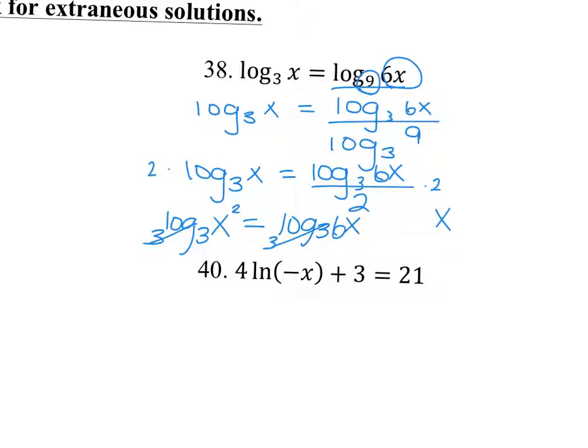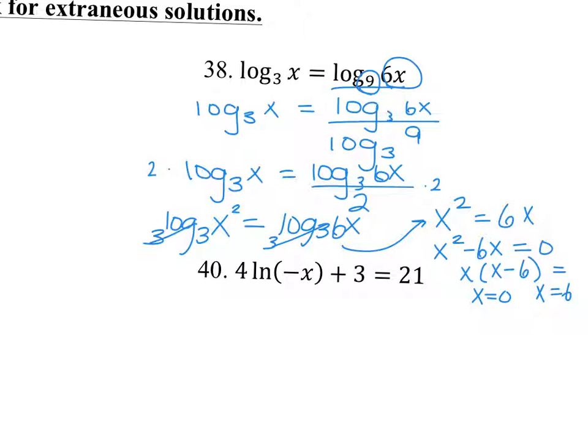So now I'm left with x squared equals 6x. So now I have x squared minus 6x equals 0. Factor out an x. x equals 0 or x equals 6. With logs, x cannot be 0, it has to be greater than 0, so x is 6.